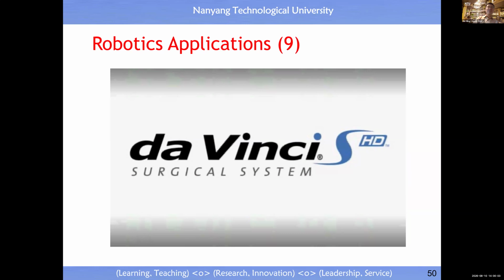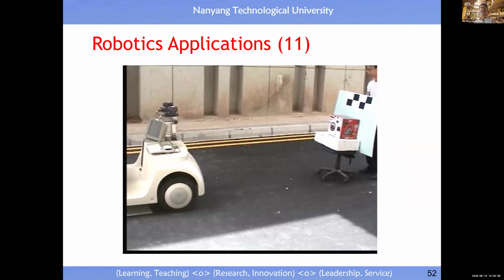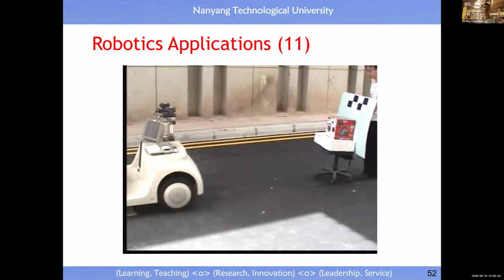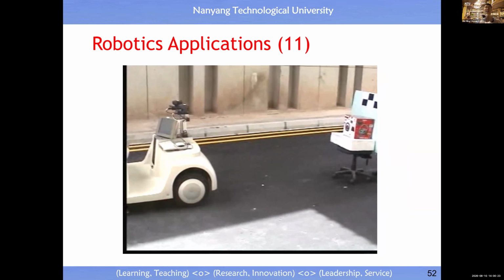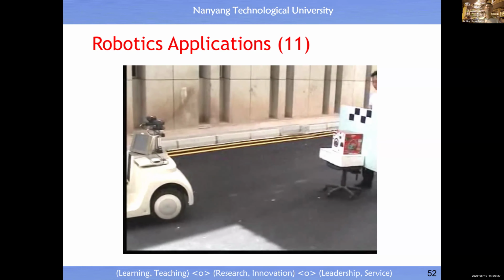And in the medical field, in the home environment, service robots, and in future, the automobile industry will become part of the robotic industry, and a vehicle will become a high-speed mobile robot. This is a demonstration done by us in NTU around the year 2000.